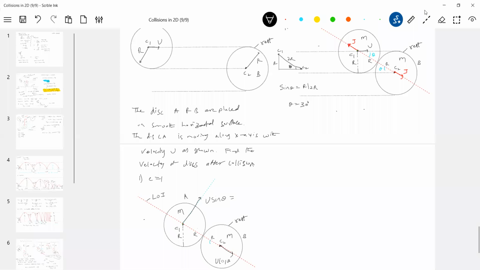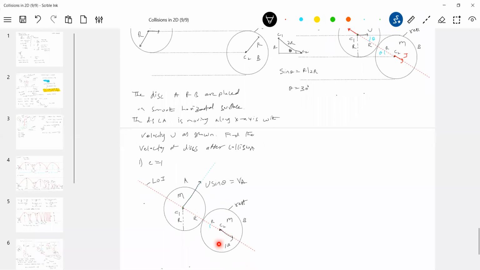So this will be the velocity of sphere A. This will be the velocity of sphere B. And VA and VB will be perpendicular. This is for e equal to 1.